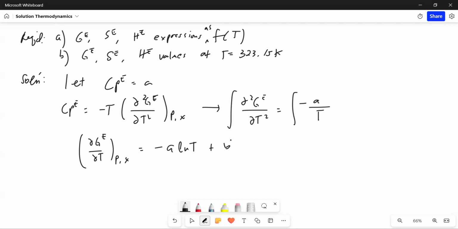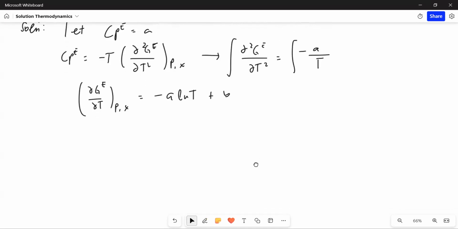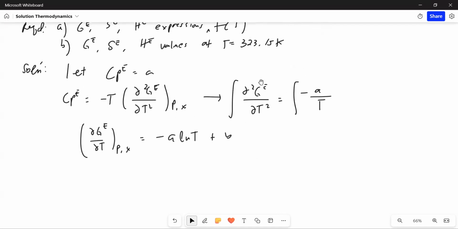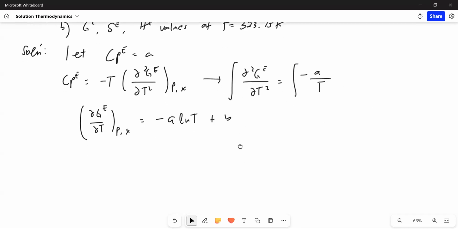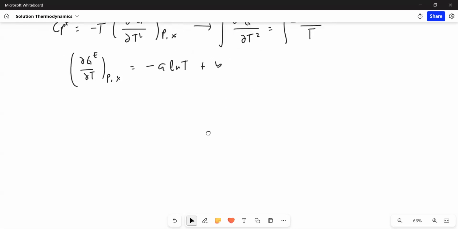Plus an integration constant. Okay, so B is an integration constant. So this came up when we integrate this equation. Okay, we integrate the equation once, and this is the integration constant.